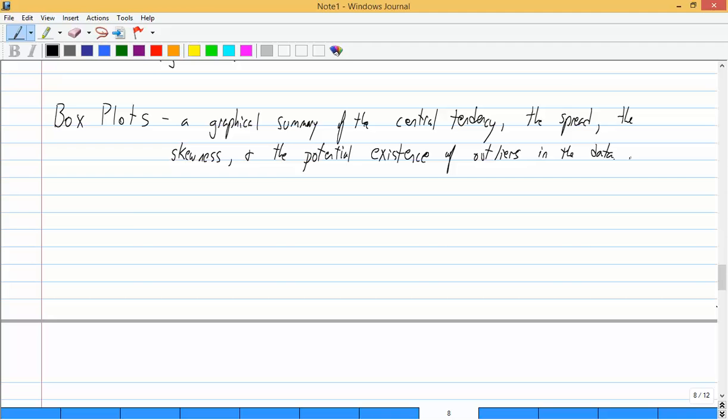So we get a lot of good information from a box plot. I mean, it is just a graphical summary, but depending on the location of the boxes, whenever you do your plot or your graph, it can tell you how the data is spread out, if it's skewed to the left or right, and maybe if there are outliers in the set of data.